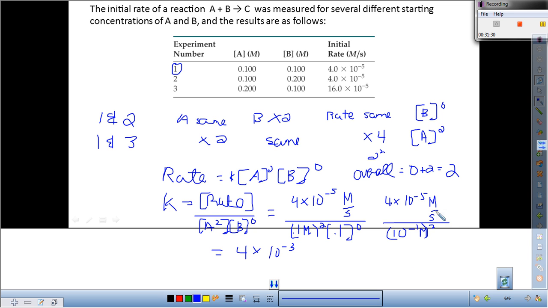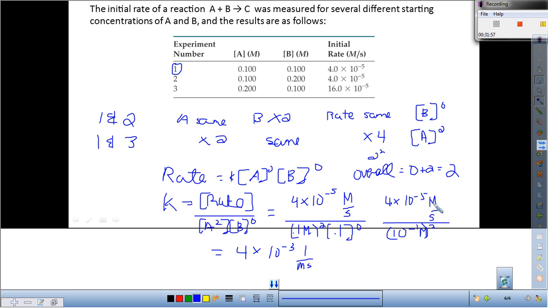Alright, my units. Let's deal with our units. I have molars per second divided by molar squared. So what does that end up being? It ends up being 1 over molar seconds.